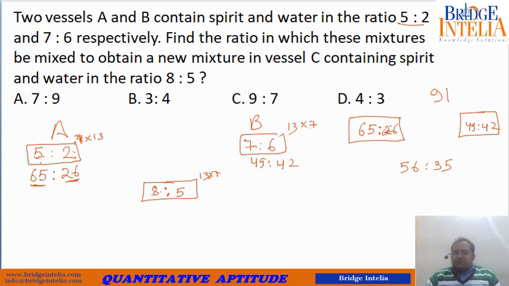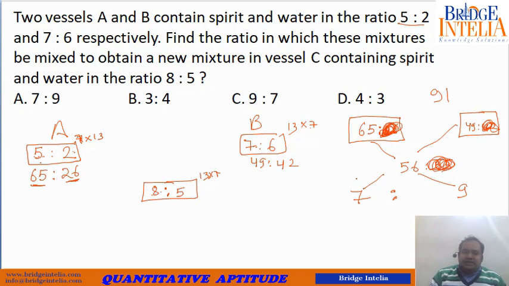So remove the ratio for the second element. So remove this and then apply alligation method. So the difference between 65 and 56, 9. Difference between 49 and 56, 7. So the answer is 7:9. So this was using the ratio method.